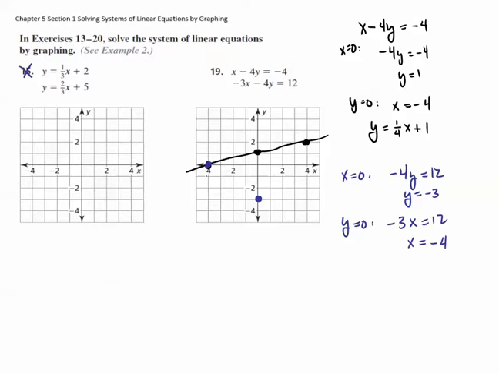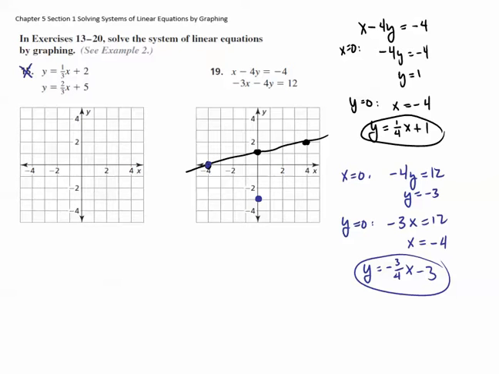We have a slope of down 1, 2, 3 over 1, 2, 3, 4. So we would have y equals negative 3/4 x with a y-intercept of negative 3. And so that would be our second equation if we solved for y. Either way is okay.